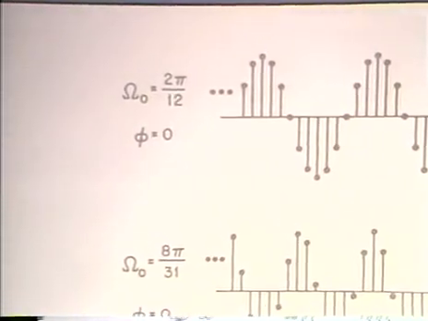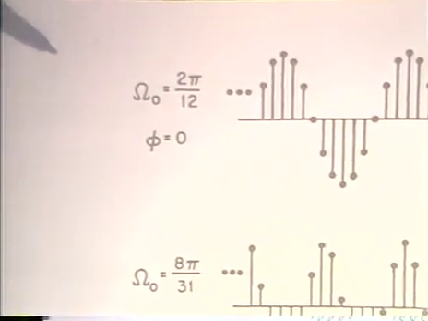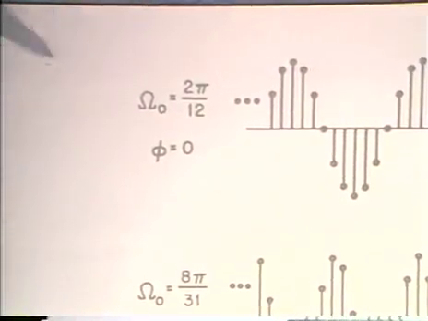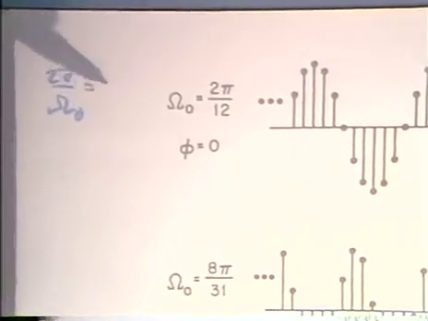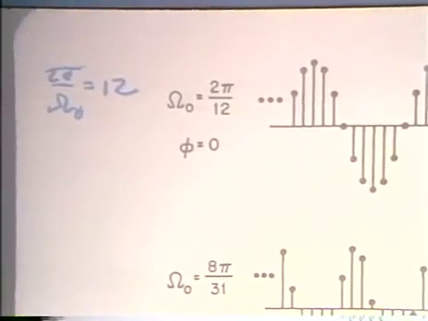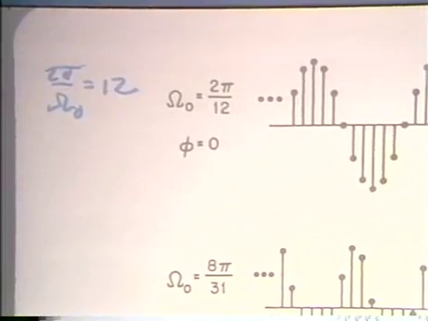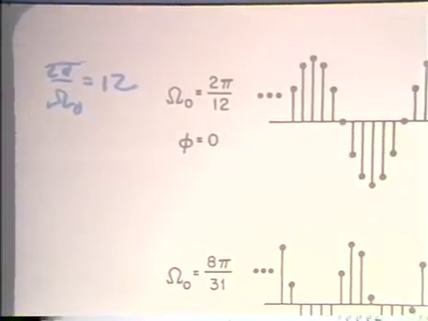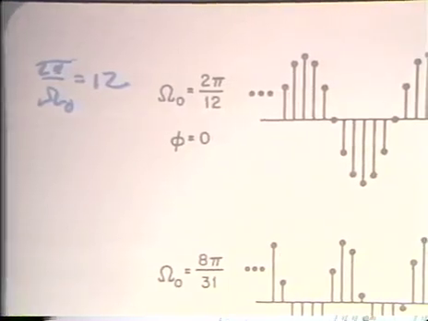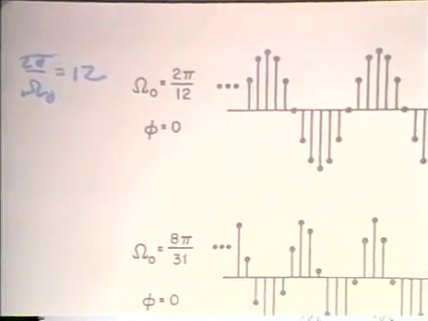Let's just try that here. 2 pi over omega 0 for this case is equal to 12. Well, that's fine. 12 is an integer. So what that says, in fact, is that this sinusoidal signal is periodic, and in fact, it's periodic with a period of 12.